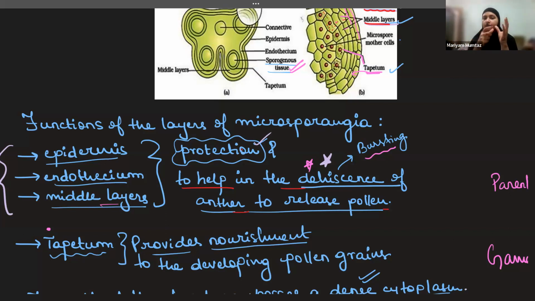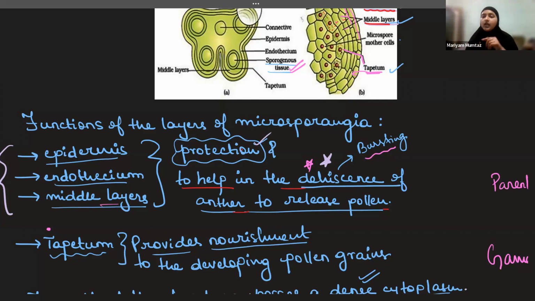This property of the bursting of anther to release pollen grains is known as dehiscence of anther. Dehiscence means bursting. So apart from providing protection, the first 3 layers help in the dehiscence of anther.